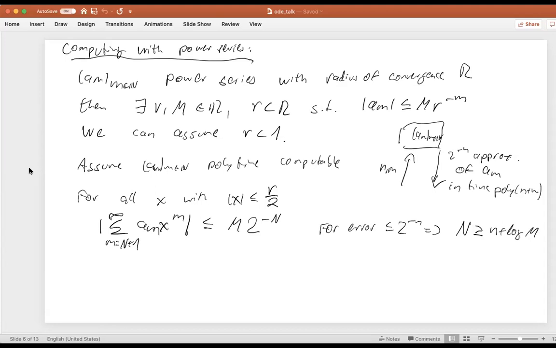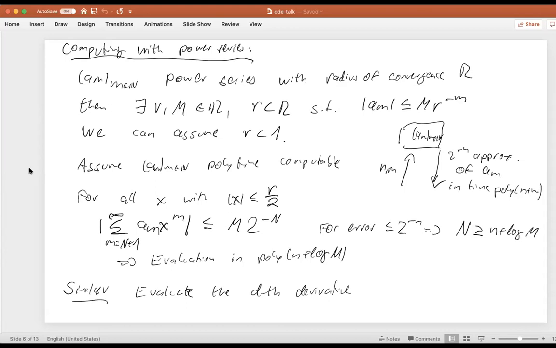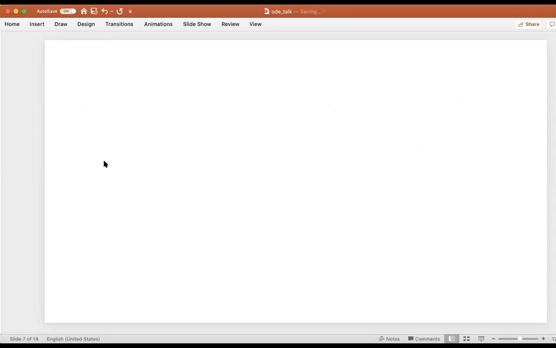So we can do evaluation in time polynomial in n plus log M. And similarly, I will not show this, we can evaluate the derivative for x in the same domain, also in time polynomial in n plus d plus log M. Okay, so those are some results we need about computing with power series, and now I will show how to compute the local solution.